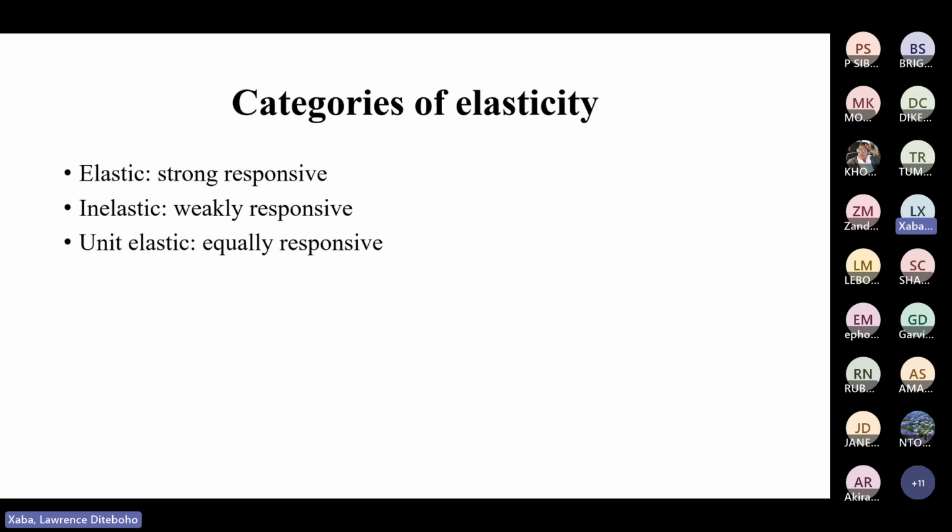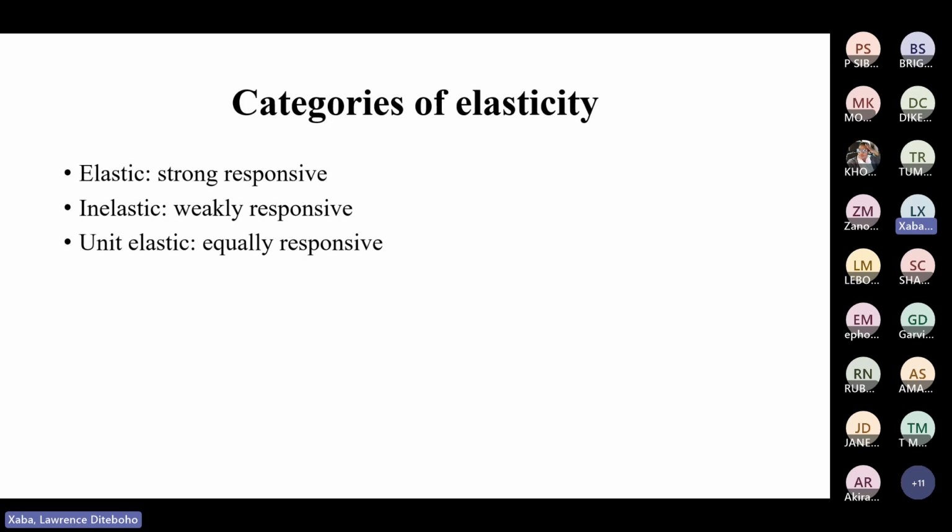What is the meaning of the strong response? It means the change of the quantity is more than the change in the price itself. So if we have a 95% change in demand and maybe a 20% change in price, that indicates strong responsiveness, and we take it as elastic.